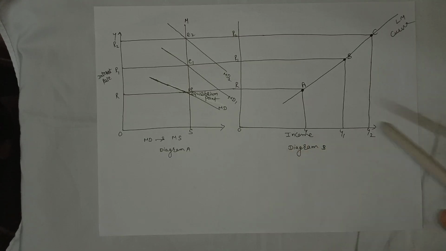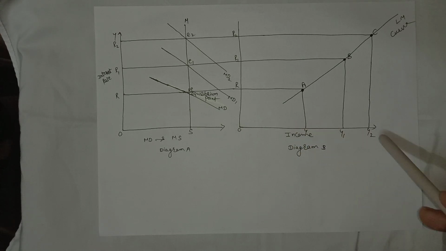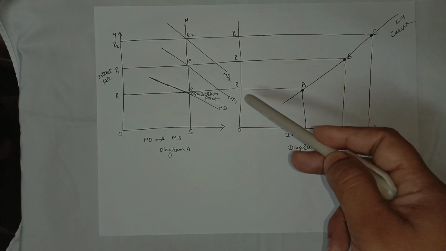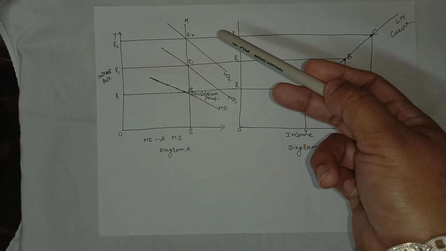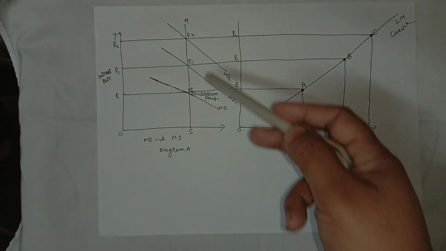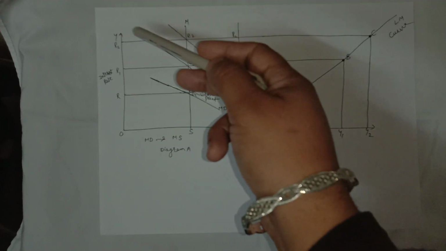Now, again suppose income increases from OY1 to OY2. If income increases, money demand will also increase, and the money demand curve shifts forward from MD1 to MD2. Here the money supply is constant, so the interest rate will increase from OR1 to OR2.